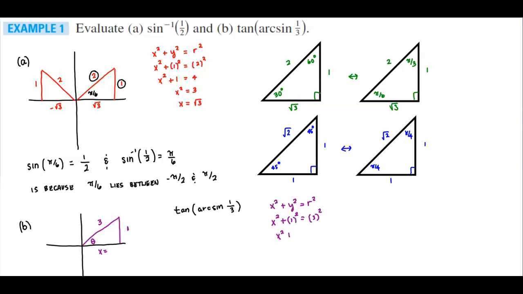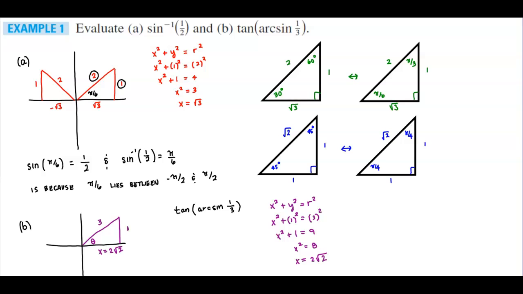So we have x squared plus 1, which is equal to 9. And then x squared is going to equal 8. Okay, and if we simplify and take the square root of both sides, we get x equal to 2 times the square root of 2. So that means that x over here is going to equal 2 times the square root of 2.